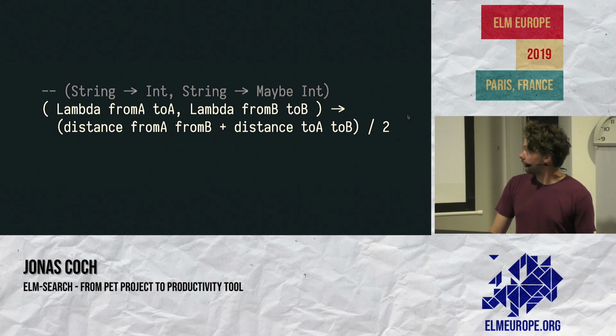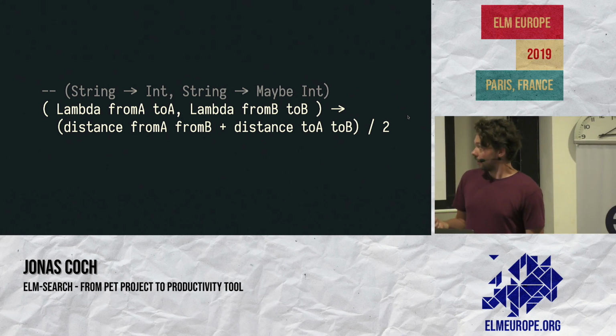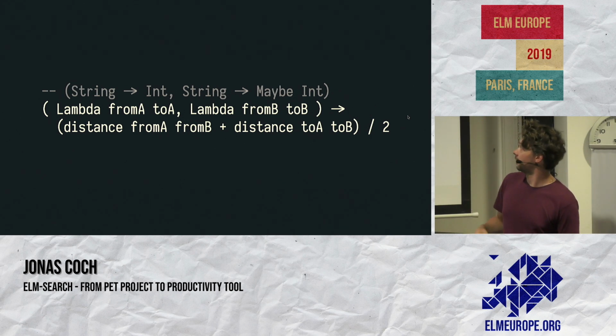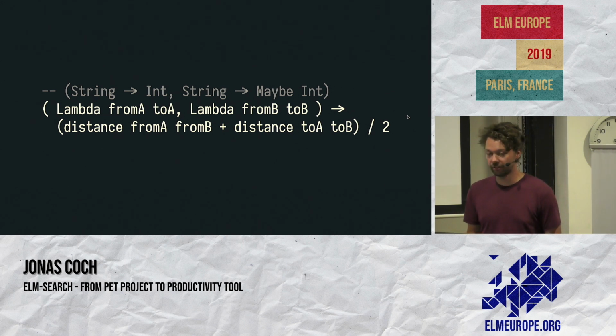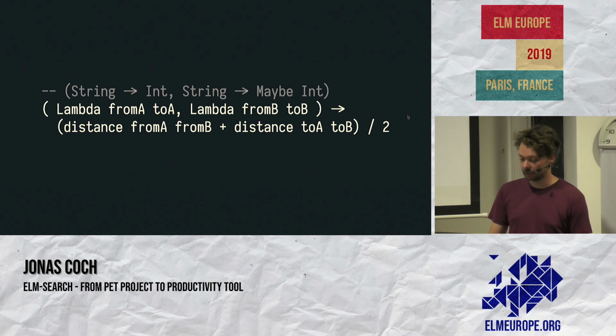The recursive example is comparing functions. I calculate the distance of the inputs and the outputs, add those and divide by 2, so that complex comparisons are not automatically penalized.